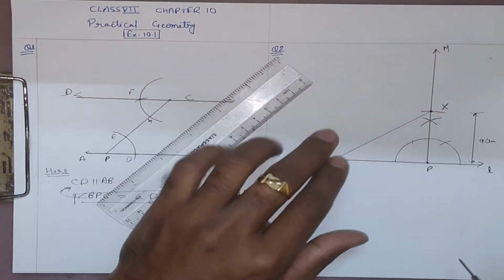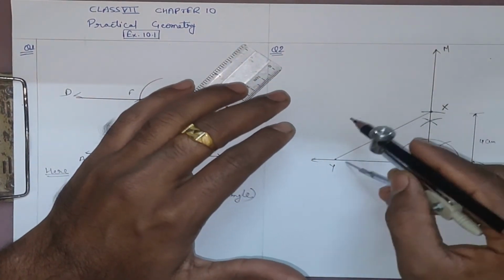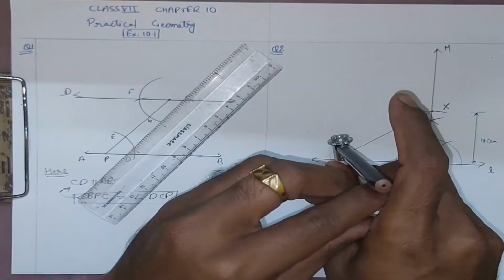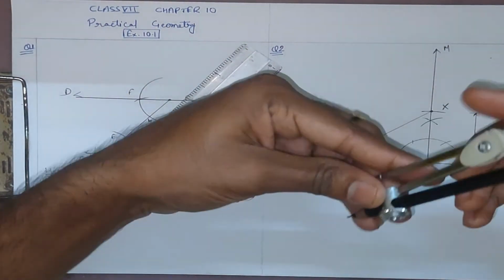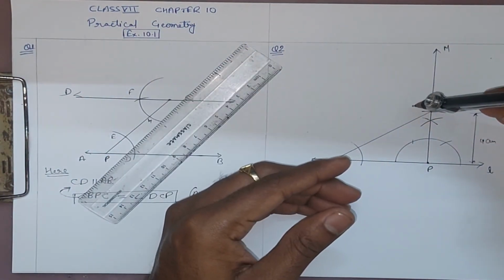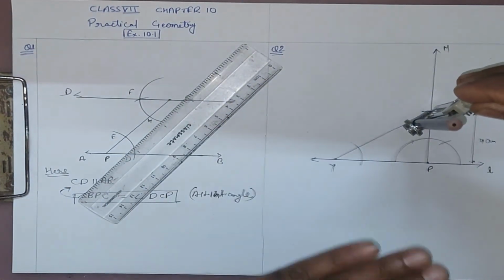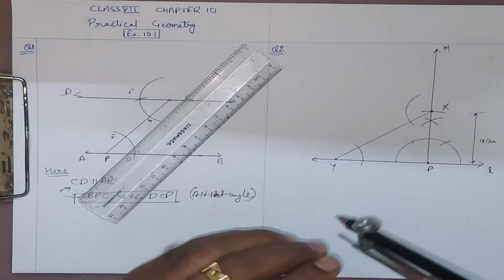Now you have to do the same thing. Make the alternate interior angle here. The same angle we will make at YX. So I will be putting my compass at P, drawing an arc, and the same arc I am going to draw at X in the opposite direction. Since I have drawn here, the same concept we are using, alternate interior angle.